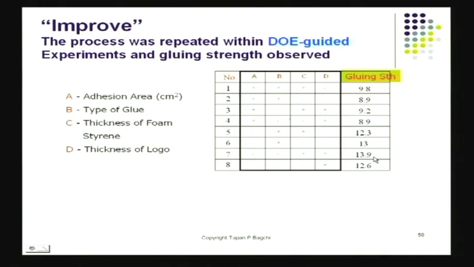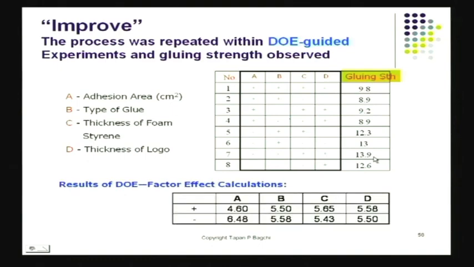So what was done was the factor effect calculations, and then we tried to identify the effect of each of these factors. Notice here, for area, which is the first one, plus was low area. It showed lower strength, in fact lower force required to move that logo off the back of the car.